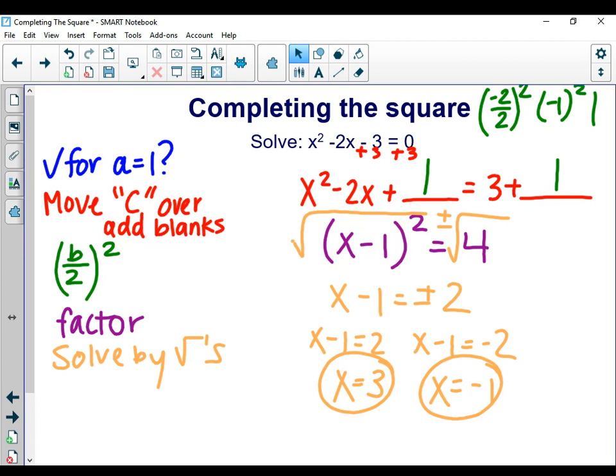Are there any specific cases where it would be better to do this over factoring or the other way? So there'll be cases where you can't factor. And so what I normally do on tests, my test for this chapter, is you have, I think it was 6 or 7 different problems. And I said, you can only use each method once.